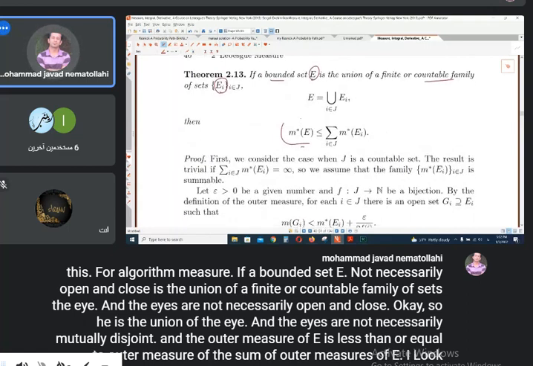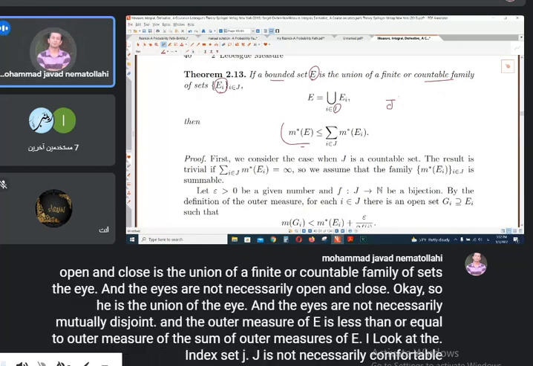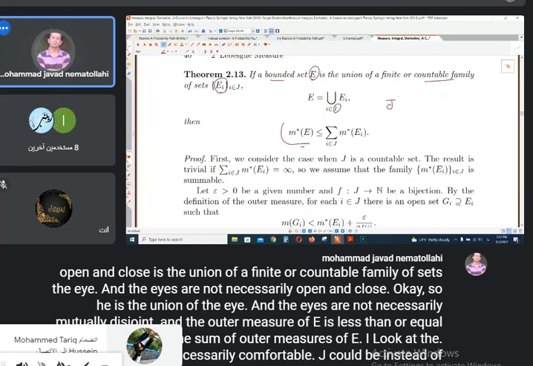Look at the index set J. J is not necessarily countable. J could be the set of all real numbers.